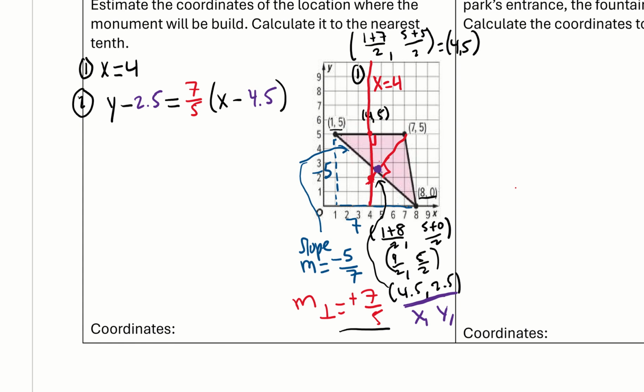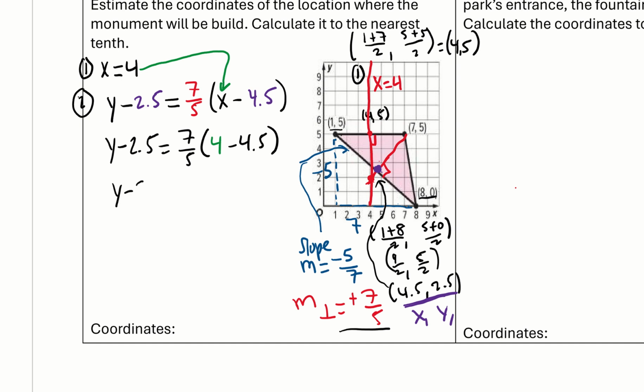And now we want to take this value here and plug it in. So I get y minus 2.5 equals 7/5 times, now we're going to do the 4 that we said there, minus 4.5. This is going to help us figure out where it crosses.